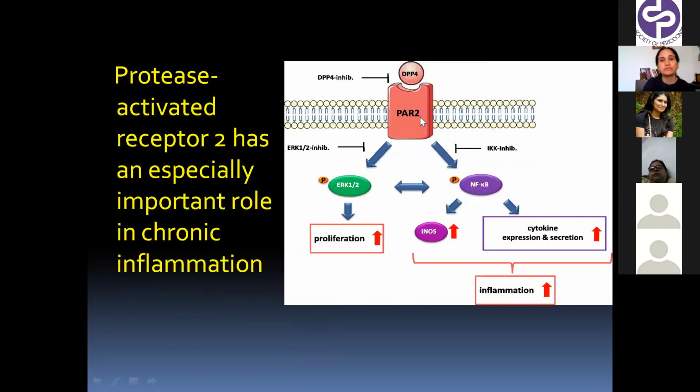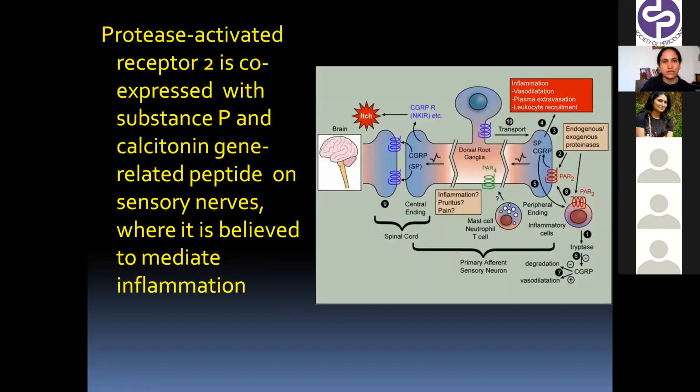There is one receptor which is important from the periodontal point of view, which has been studied over a period of time. This is the protease activated receptor 2, which is found on the nerve cells. So this nerve cell, once the microbe is there, will lead to the elaboration of different intracellular events, which will lead to the cytokine formation and increase in the inflammation. So this is one way of how the neurons are activated during the inflammation.